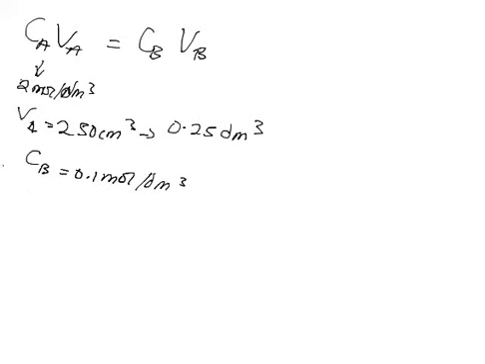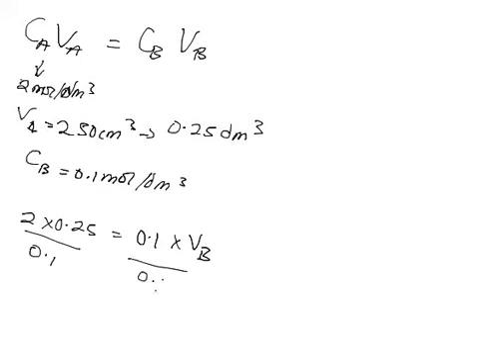So to do that, you simply multiply the A's and equate them to a multiplication of the B's. That's, you will have 2 multiplied by 0.25, which will equal 0.1 multiplied by Vb. So you now divide both sides by 0.1. Of course, when you multiply 2 and 0.25, it will give you 0.5.